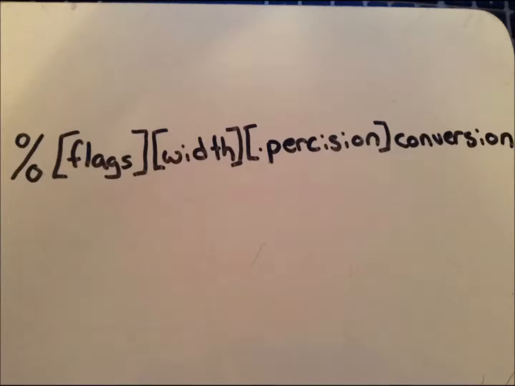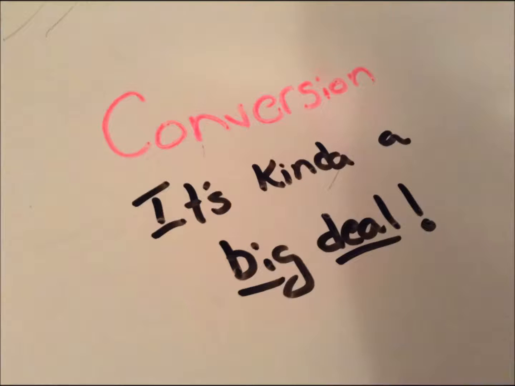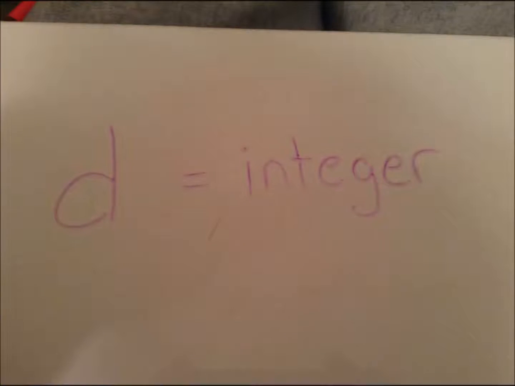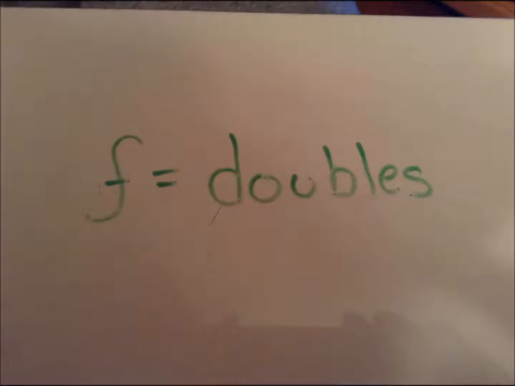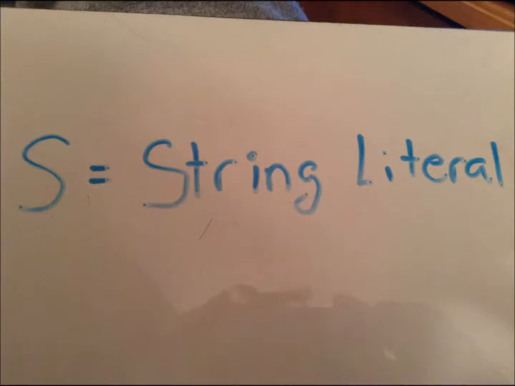The last part of the formatting string, the conversion, is basically the most important part. This is what determines how the printf method reacts to the message sent to it. The most important conversion tags you need to know are s, d, and f. D is used for integers, f is used for doubles, and s is used for string literals.